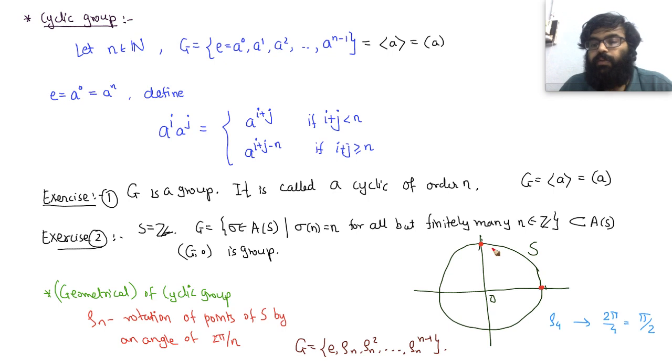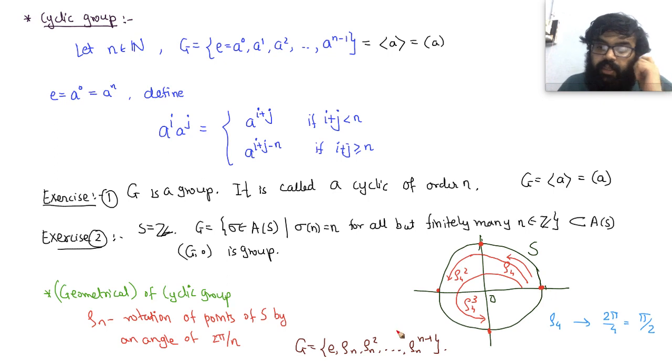This is rho 4, then rho 4 square, which is 90 degrees and 90 degrees, so a 180-degree rotation. Then from here to this point is rho 4 cube. And then again back here is a 360-degree rotation. So that is identity.